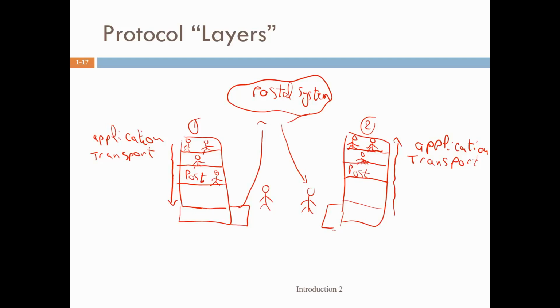In your computer, you are typically running many applications at the same time, and all these applications may actually be communicating on the internet. For example, you have Facebook running, you have WhatsApp, you have a web browsing application, and all of these are sending and receiving data at the same time to and from the internet.